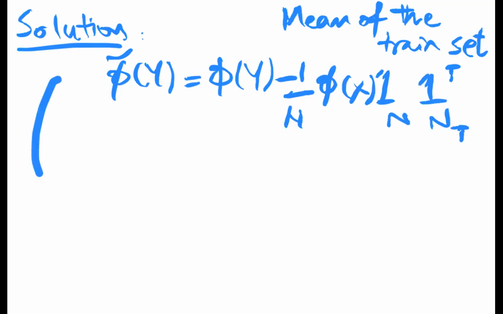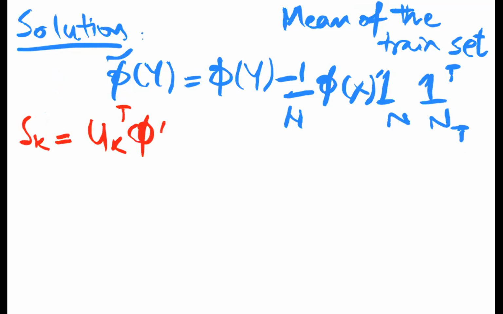Okay, so now moving on, we want to now find out the scores. As we know from the PCA, this is already known, right? SK is equal to UK transpose phi y. If you go into the lecture notes, you would find this formula for the scores.